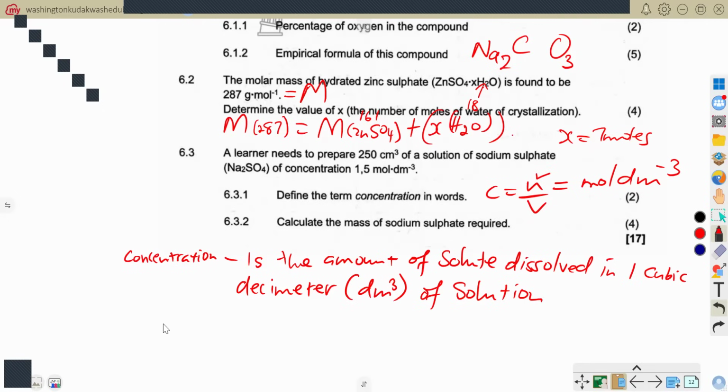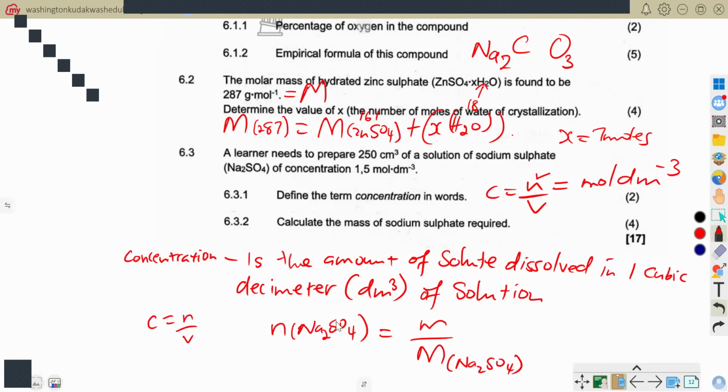I know that concentration is equal to number of moles over volume. So I can find the number of moles of sodium sulfate, and then I can find the mass of that sodium sulfate from mass over molar mass of sodium sulfate.